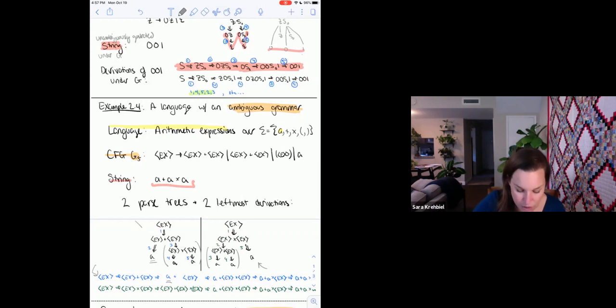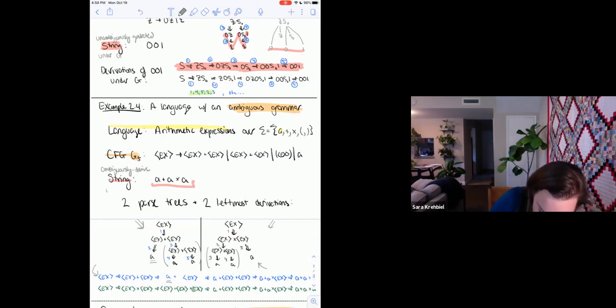And so somehow, we kind of want this to be a valid parse tree in this language, and we don't like this one as much. But we have both of them. And so because we have both of them, we have an ambiguously derived string under G5. And the existence of an ambiguously derived string means that G5 is an ambiguous grammar.